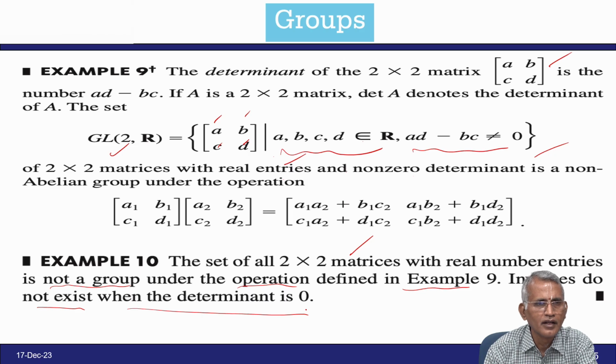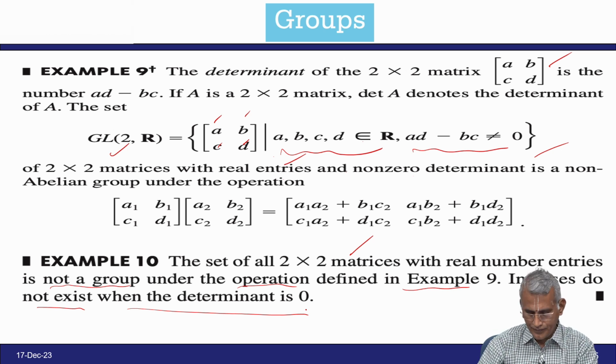The previous example is not abelian, and these entries are real, therefore it is not a group. The operation defined in example 9 does not have an inverse when the determinant is 0. So, only if the determinant is not equal to 0 does it exist.